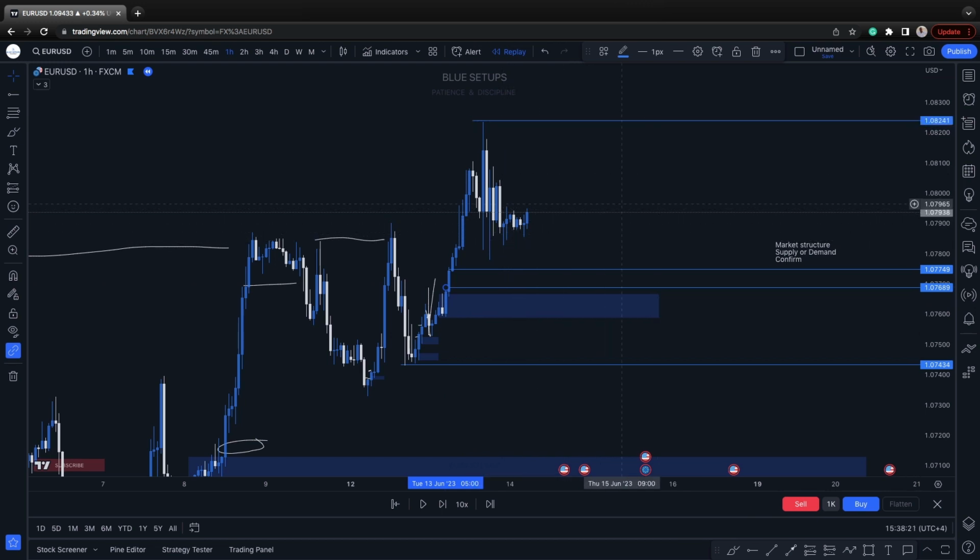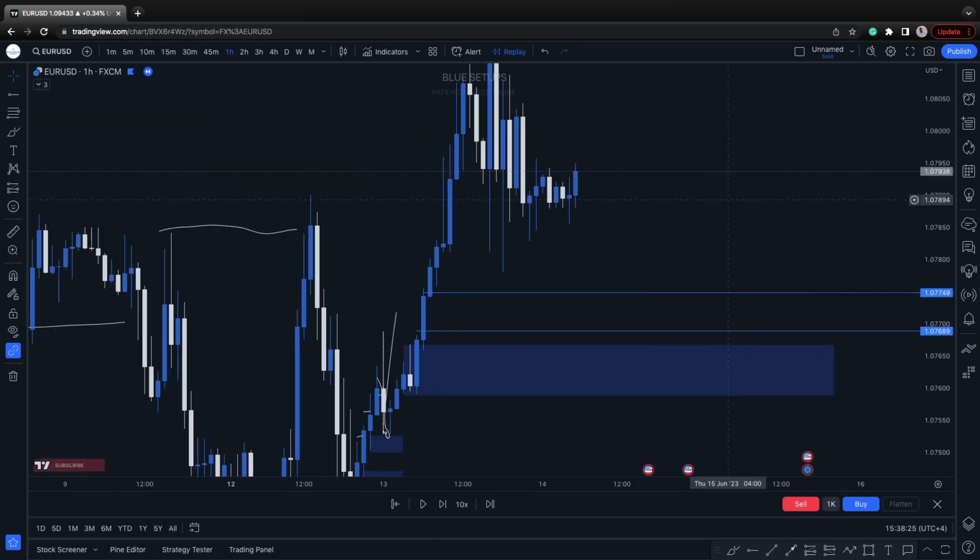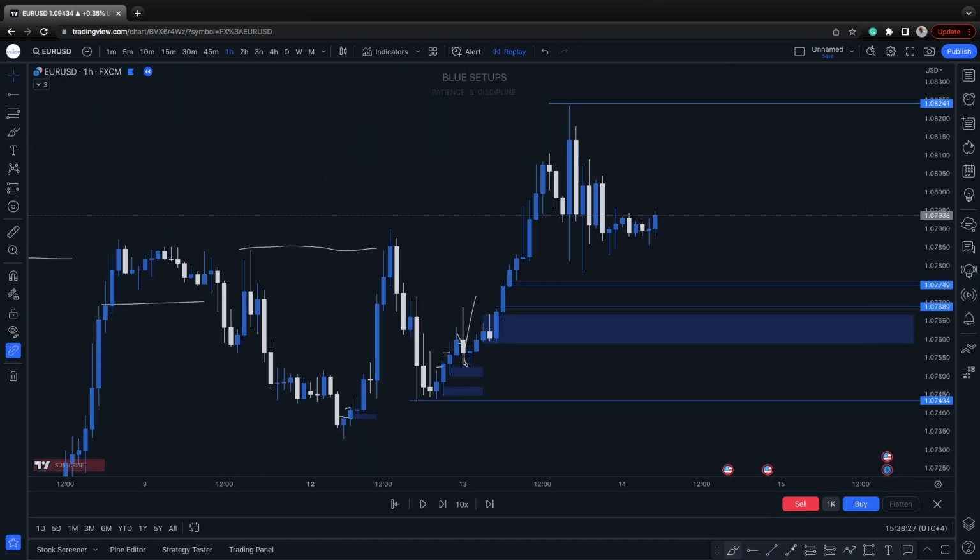Based on this valid retracement right here, it actually means the market had already gotten valid reasons for it to move higher. So the market will not always come into those demand zones before moving, right?